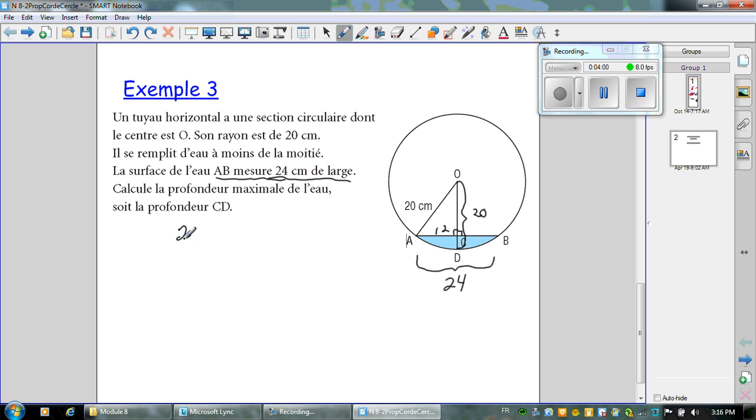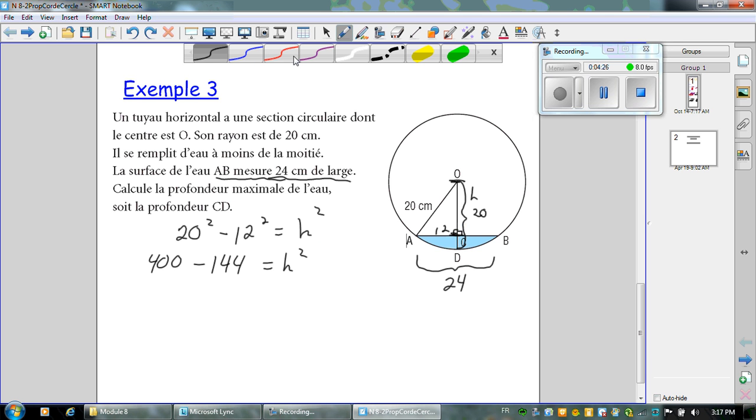So let's do that. 20 squared minus 12 squared equals the height of the triangle. So from here to here. So just h squared. So that's 400 minus 144 equals h squared. So the height from the center to the water.